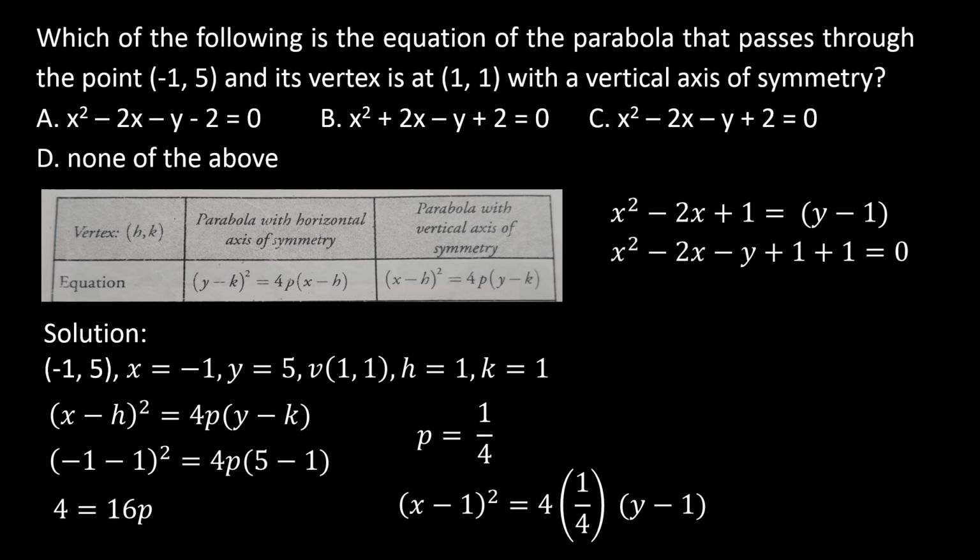Then we have x squared minus 2x minus y plus 1, and the negative 1 from the right-hand side becomes positive 1. So we have x squared minus 2x minus y plus 2 equals 0. So our answer for the second problem for parabola is letter C: x squared minus 2x minus y plus 2 equals 0.